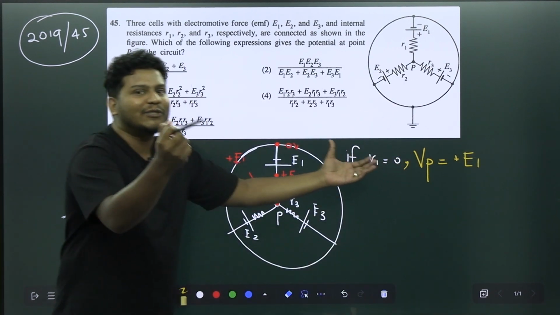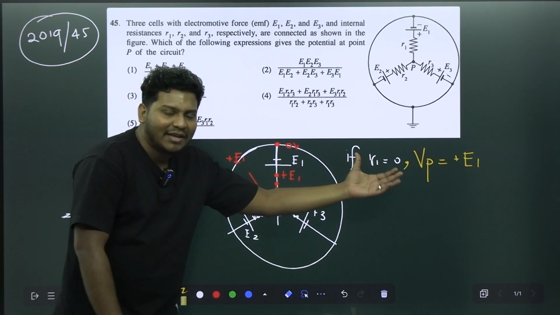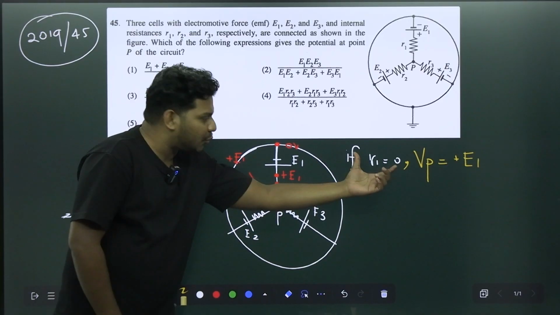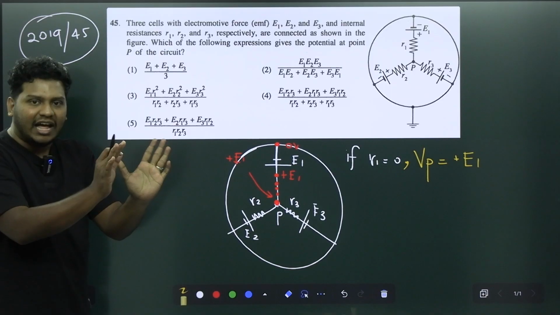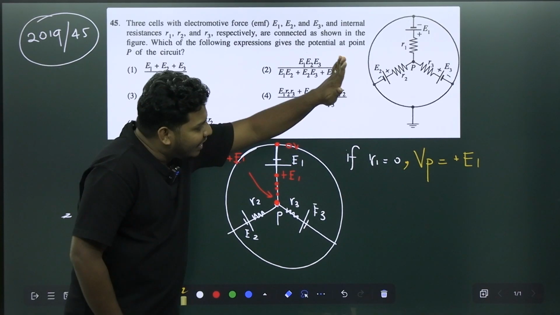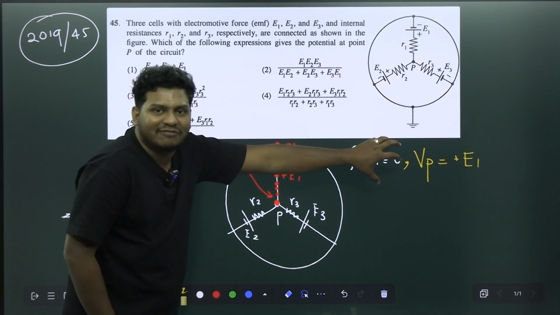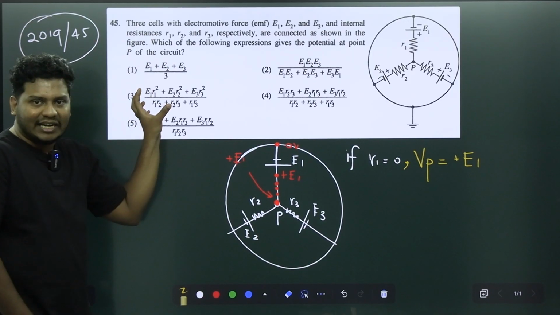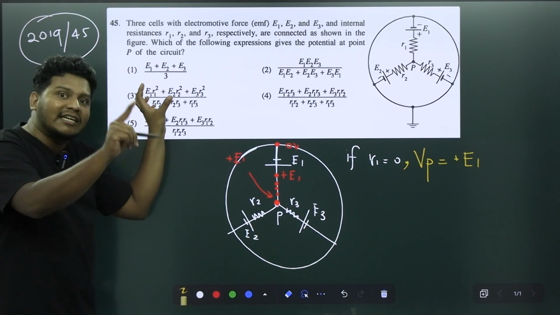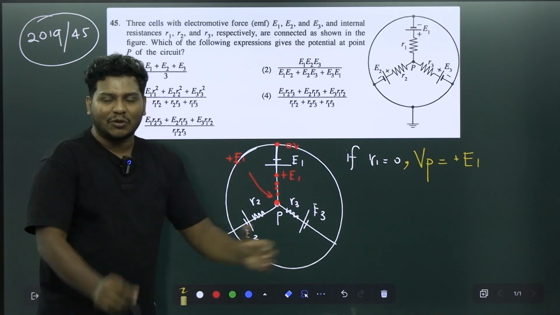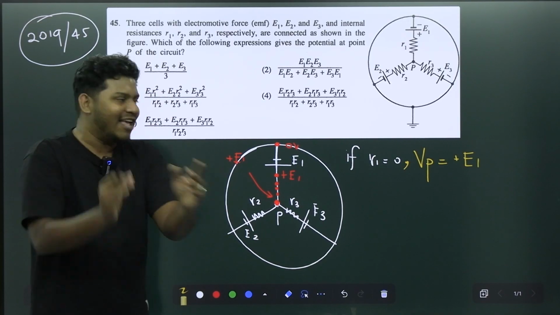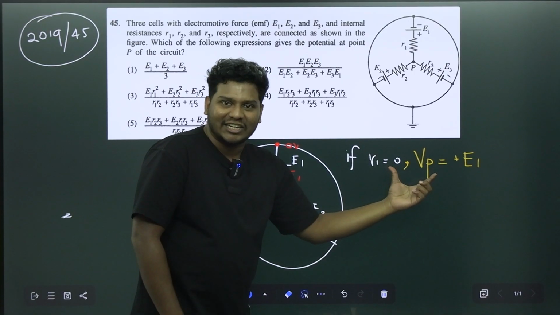So this is a true statement, no? There is a correct answer among these 5 answers. If I put these values in this question, the correct answer will satisfy this condition.